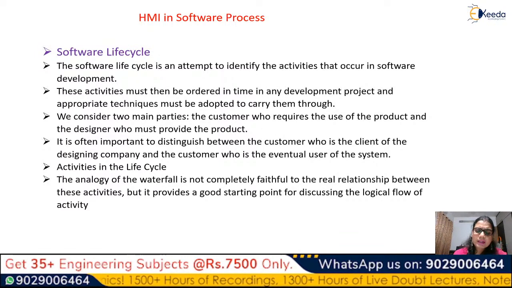Now this activity must be ordered in time. See, ordered in time means deadline or your timeline. I think Roger Pressman used the word deadline, and other authors, I don't remember now which author, have used the timeline. So this activity must be ordered in time in the development of a project. Normally, when you complete this activity, there is a certain deadline to cover it, and an appropriate technique is used to do it.